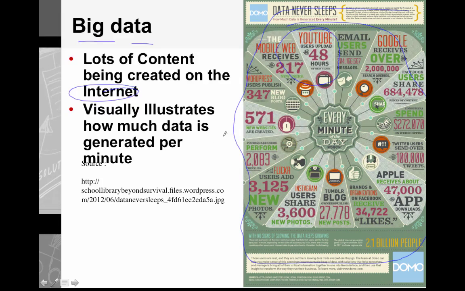People are creating brand new websites. 571 websites are being created every minute. Instagram users are sharing close to 3,600 new photographs. When they're sharing these pictures, their friends are going to be getting these pictures. This particular content has to be delivered. As you can see, there's a lot of content that is being generated on the internet, on the web.